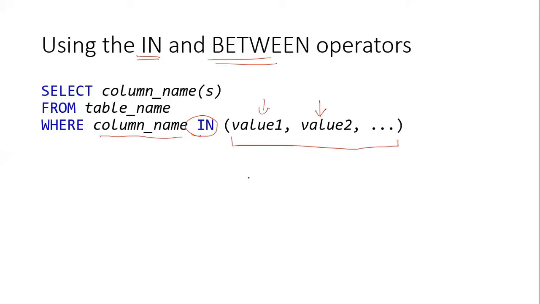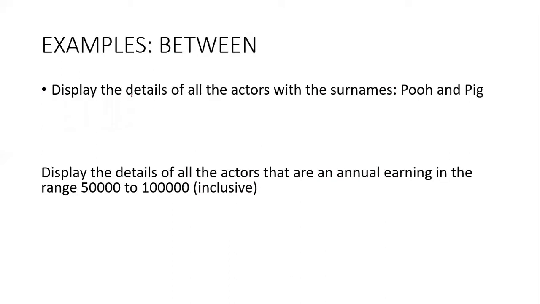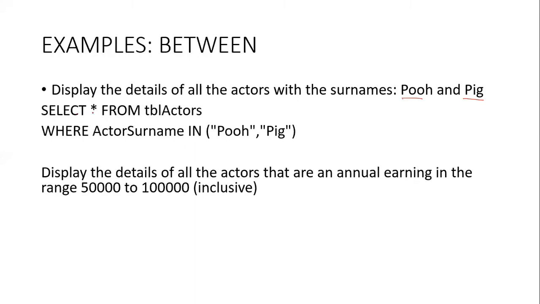Some examples: display the details of all the actors with the surname Pooh and Pig. So we want those surnames. We could say select star from TBL actors where actor surname in, and we can list the values that we want the actor surname to be.